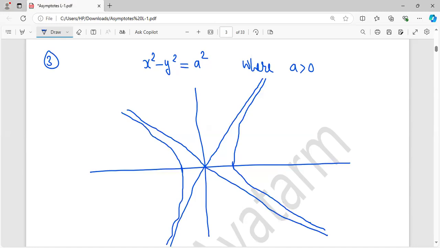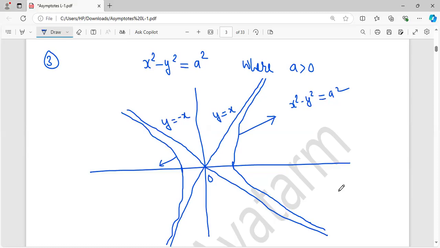So this is the graph actually, because I am drawing it by hand, so it will not be much accurate. You see, these are the straight lines y is equal to x and y is equal to minus x. You see the points on the curve, the distance between this straight line and this curve tends to 0. And same here, the distance of points on the curve and this straight line tends to 0.